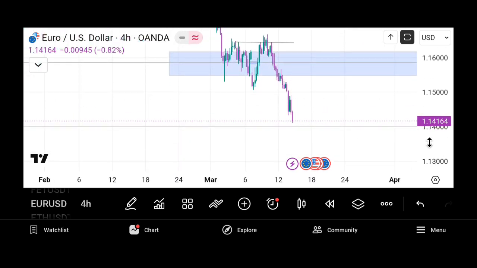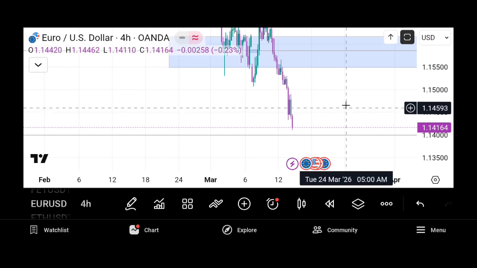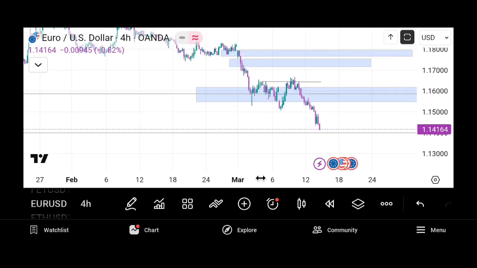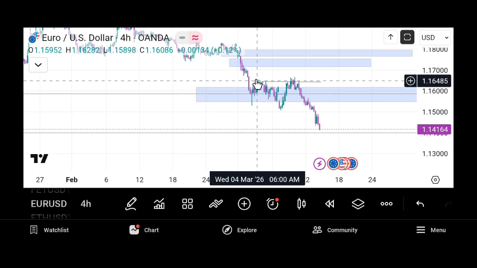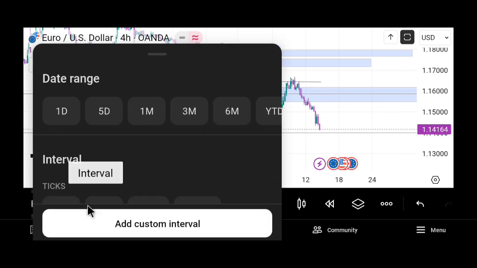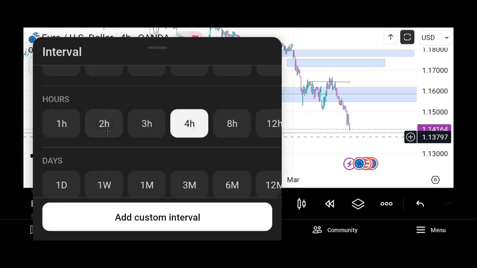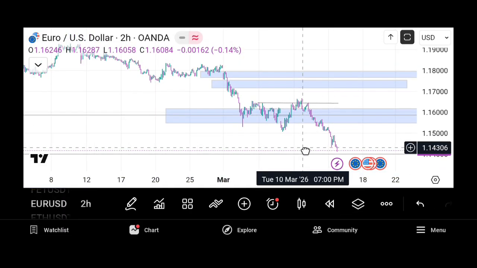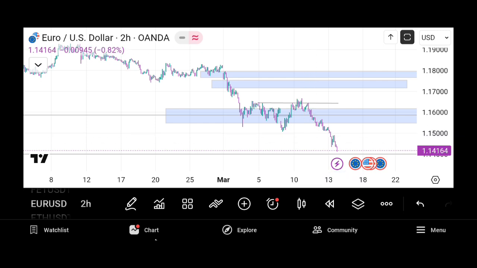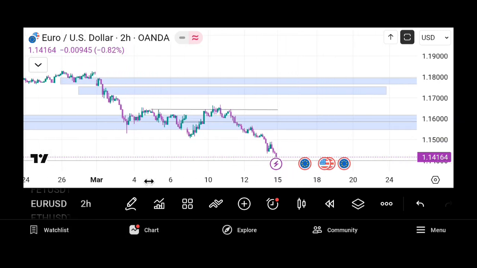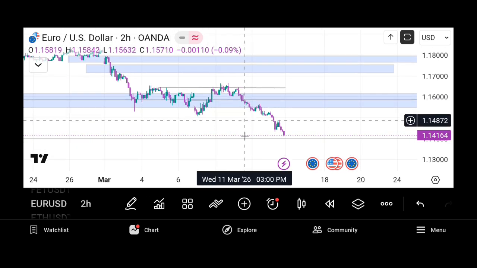So right here on the 4 hours, still very bearish, the same thing. And on the 2 hours, everything is still very bearish.